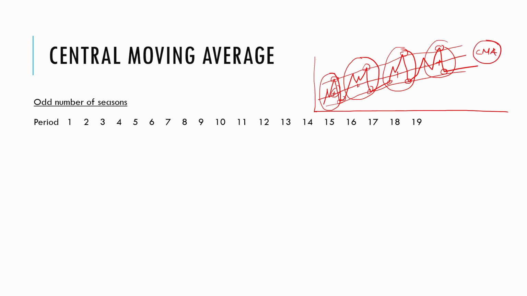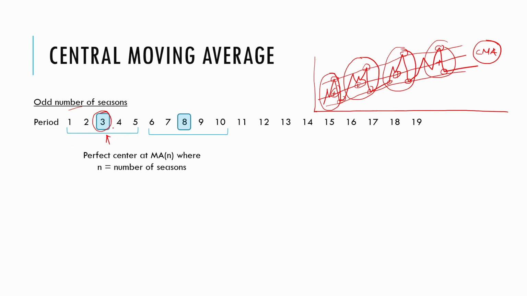In the case of central moving average, you are trying to find one point that lies exactly at the center of this entire seasonal cycle. For example, if you have an odd number of seasons, say 5 seasons, how will you find the center? You take the average of the first five and then the next five, and your average will fall exactly at the center.